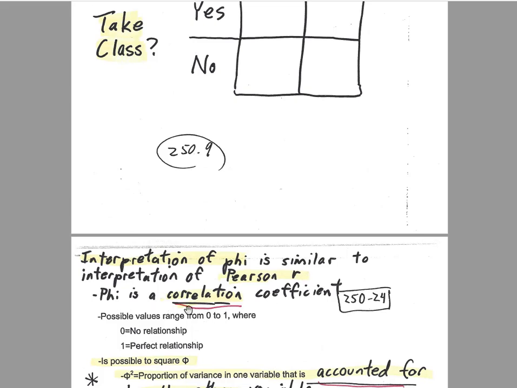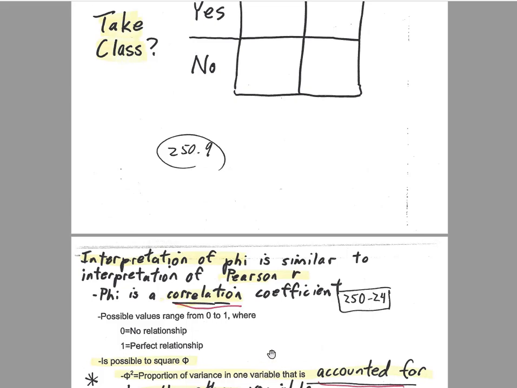Its values can range from 0 to 1, just like the Pearson correlation coefficient. 0 means no relationship between the x variable and the y variable. 1.0 means a perfect relationship between the x variable and the y variable.